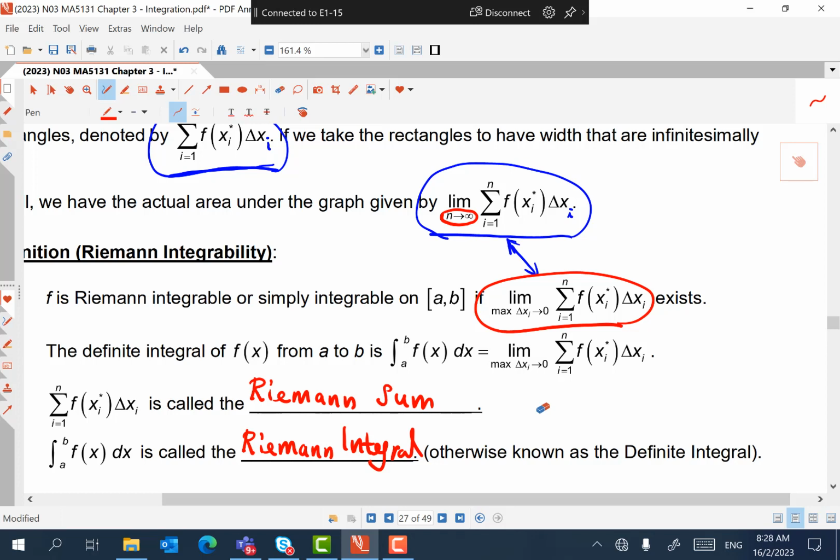Those properties that you know of about the integral, or the definite integral, I want to assure you that even with this new way of seeing things, those properties will also work for the Riemann integral. Yeah. Okay. So what you learned previously is not lost. In fact, what you learned today is not new. It's just that now we are putting things in a proper perspective.